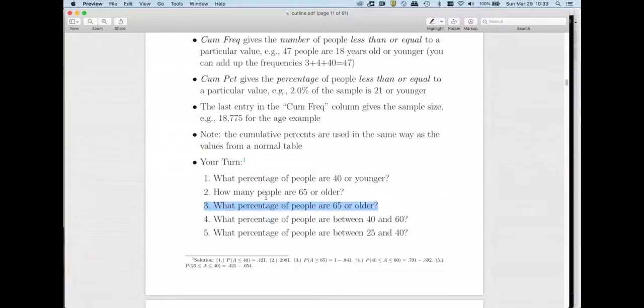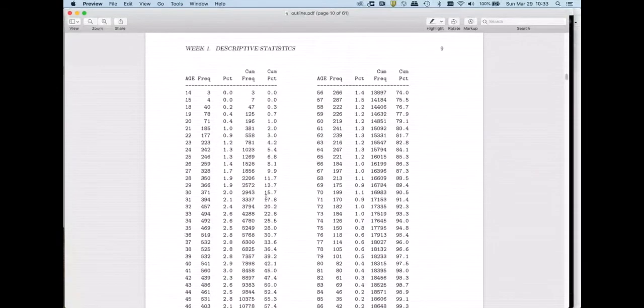Since we have binned values of age, I don't measure age to many decimals of accuracy. I only have integer values.